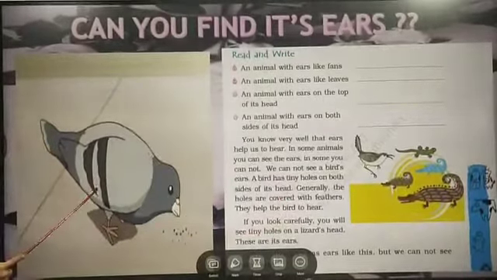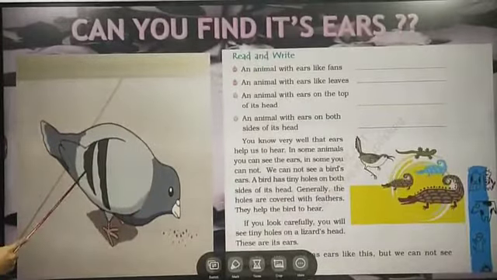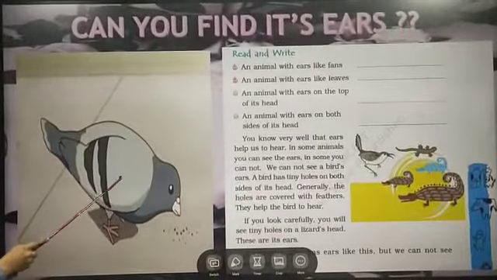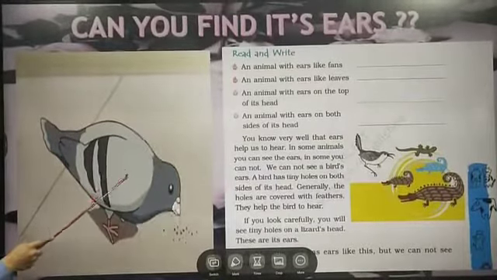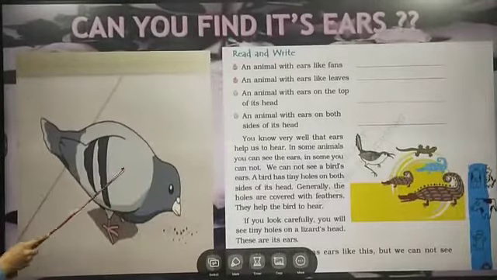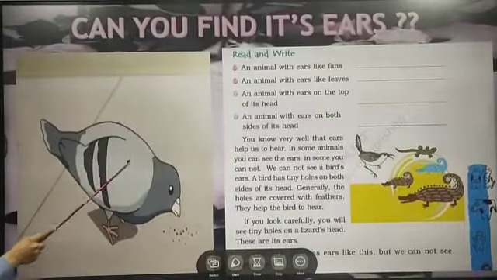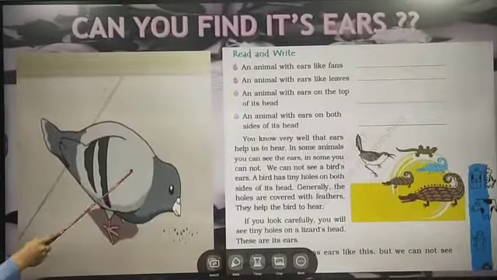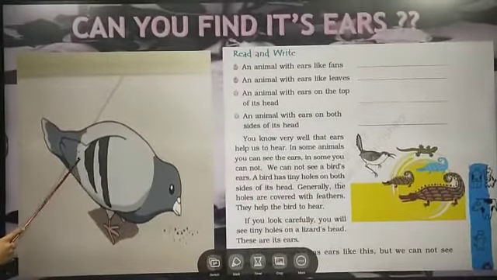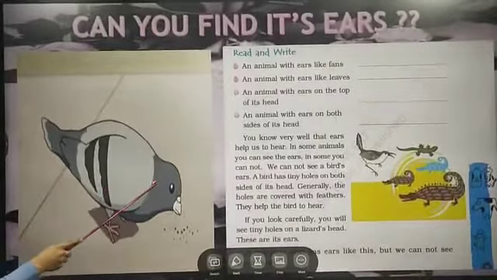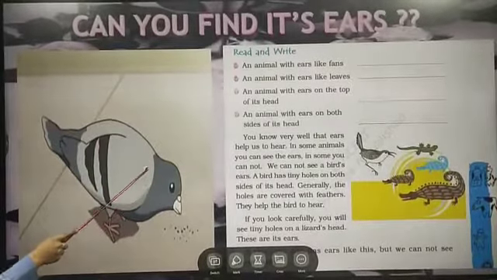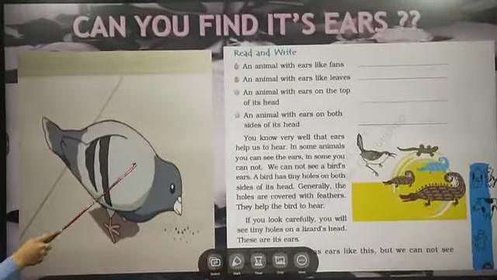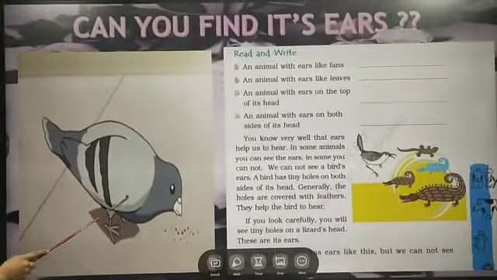See this picture. It is the picture of a pigeon, and the pigeon is eating her food. So, we cannot see the ears of the pigeon. Why so? Because it has internal ears, and these internal ears are hidden by its feathers. These ears are tiny holes which help them to hear when somebody comes near to them.